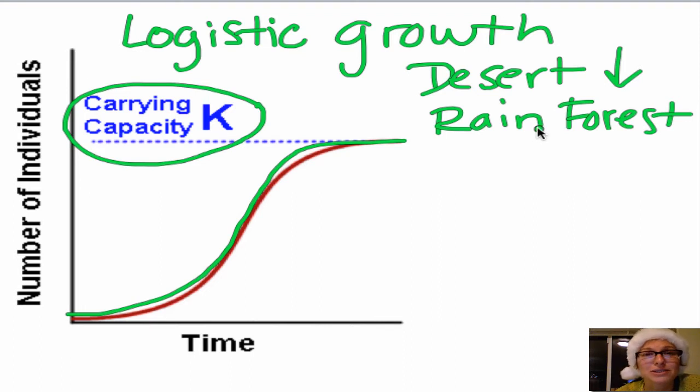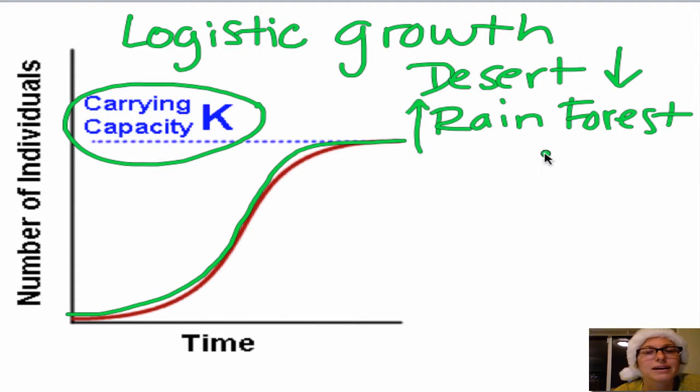If we look at the rainforest, if you've ever been in a rainforest, you know that a trail doesn't exist in the rainforest. It gets grown over within 2 days. So when we were in Costa Rica, everybody carried a machete. And everywhere they walked, they were just cutting down vines and making sure that the paths stayed clear for places to walk. So we know that the rainforest has a really high carrying capacity.